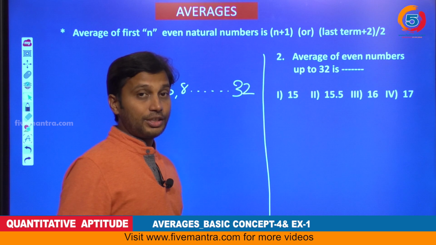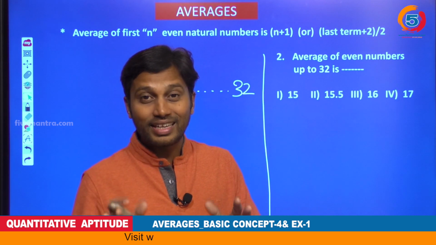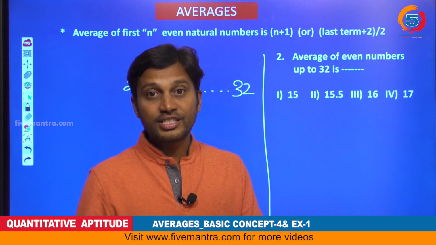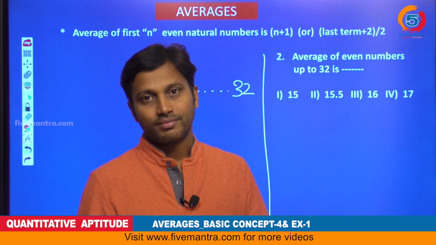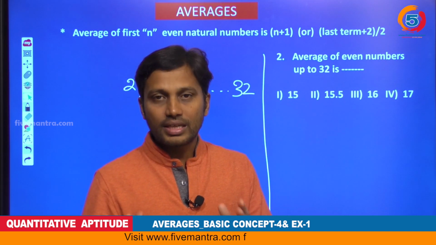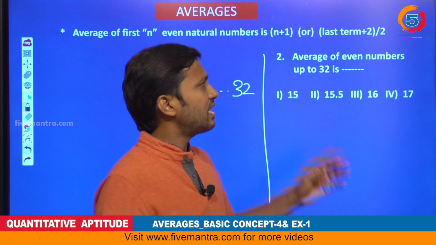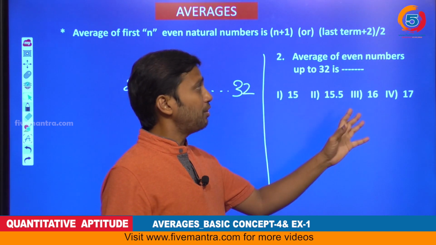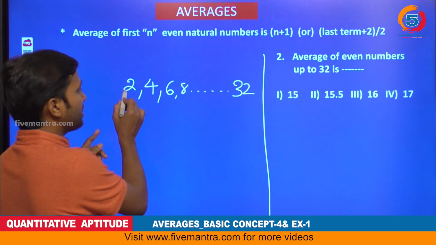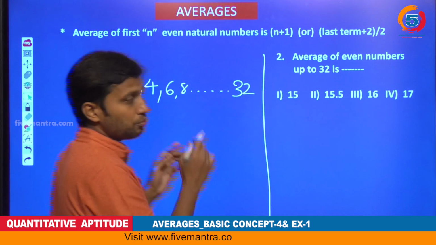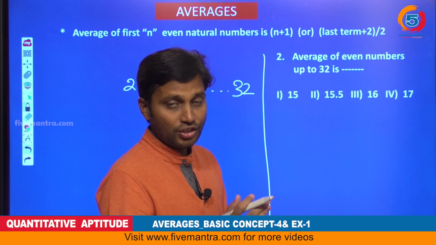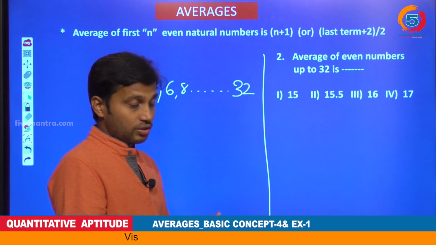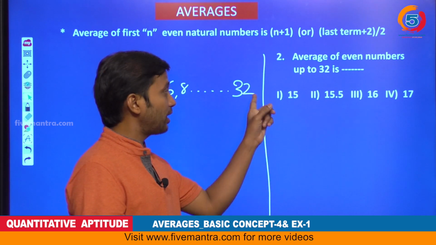So here this 32 is not at all the number of terms. This is the last term. So what can we say? When the last term is specified, then can we find out the average of even natural numbers from 2 to 32 or not?